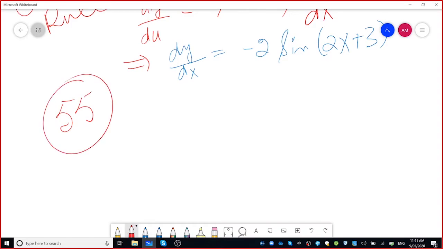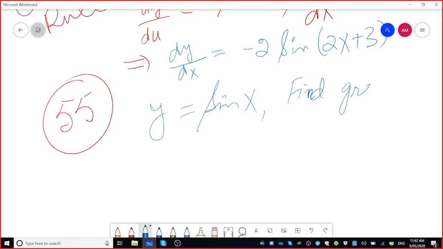The question 55. What does question 55 say? Okay, 55 says y equals sine x at the point pi over 6. So y is equal to sine x, and we have to find the gradient. What is a gradient actually in mathematical terms?